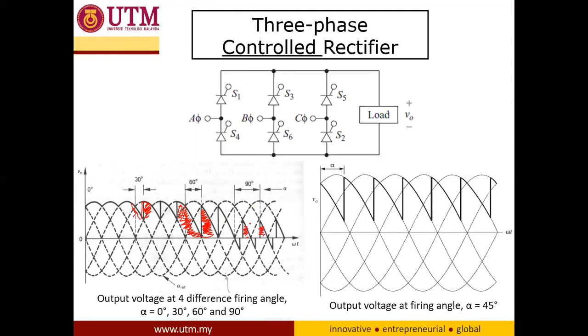As you increase the delay angle, the average output voltage becomes much smaller, and if you increase further to over 90 degrees, the output voltage will become negative.